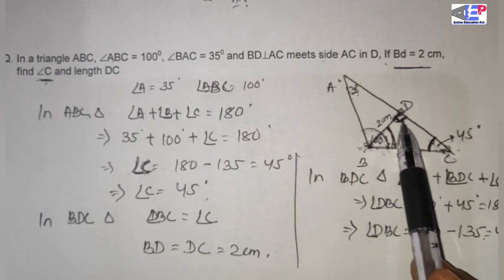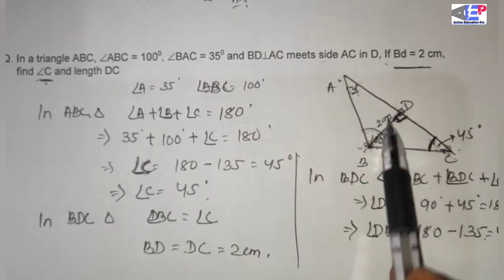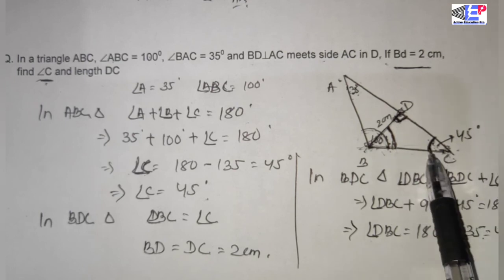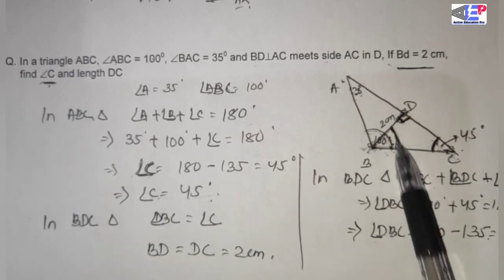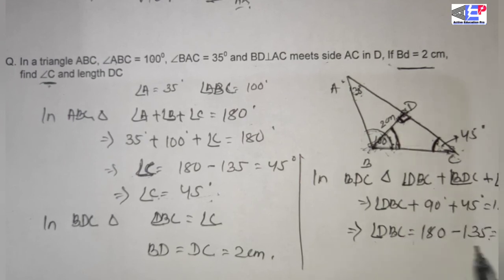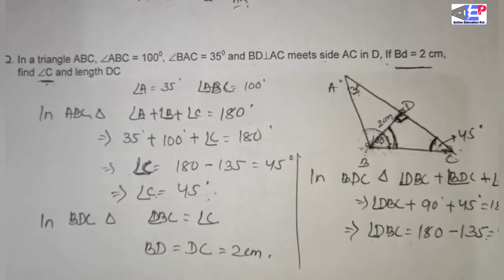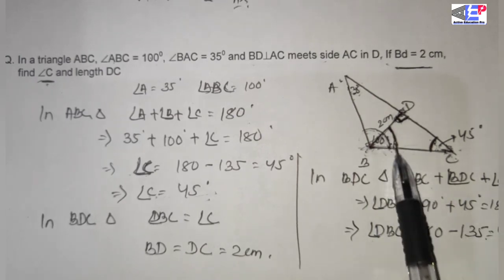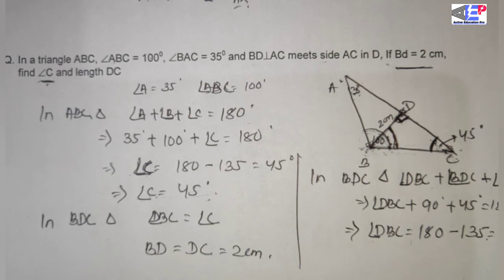Now we know that BDC is 90 degree because BD is perpendicular to AC, and C is equal to 45 degree. The remaining angle DBC is 45 degree. In the triangle BDC, a right angle triangle, the other two angles are of equal measurement, 45 degree and 45 degree.